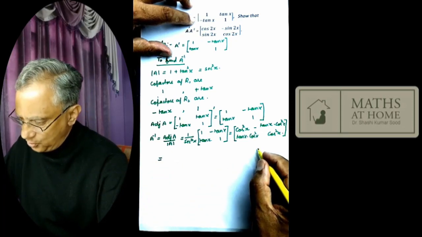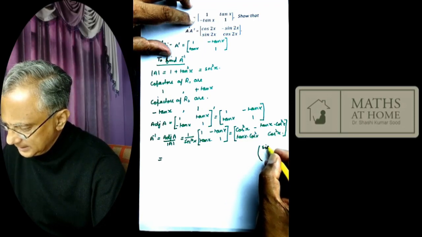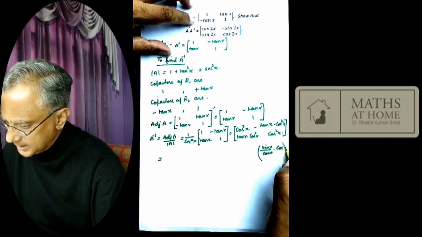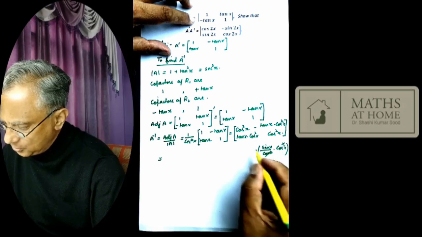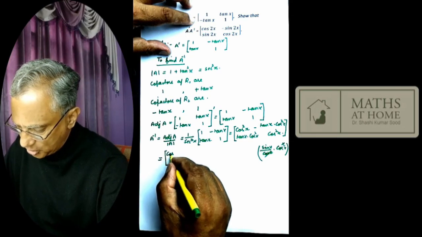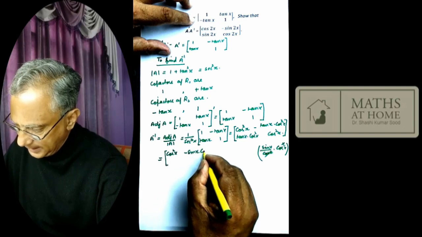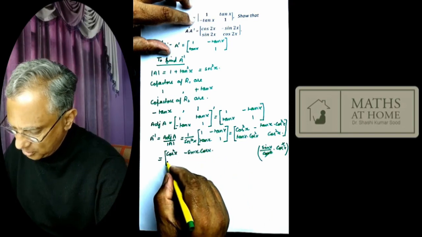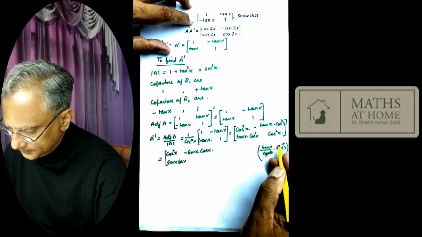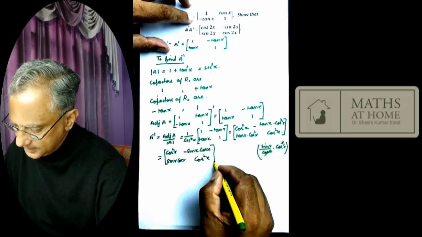So this is equal to, now tangent x into cos square. Tangent x is sin x over cos x into cos square x. So what we get is these two cancel, and we get sin x into cos x. So this is equal to cos square x into minus sin x cos x, and this will be sin x cos x as explained here. So this will be cos square x.